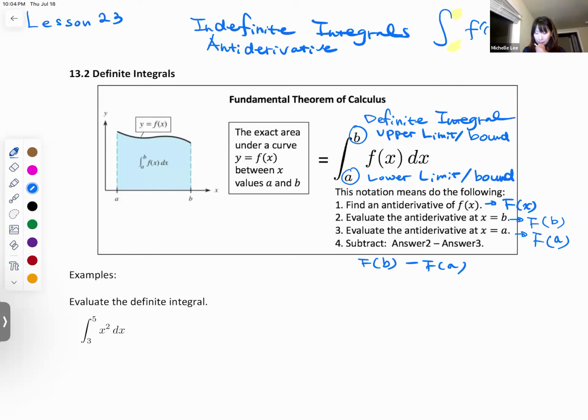That's how we find any area under the curve, right?